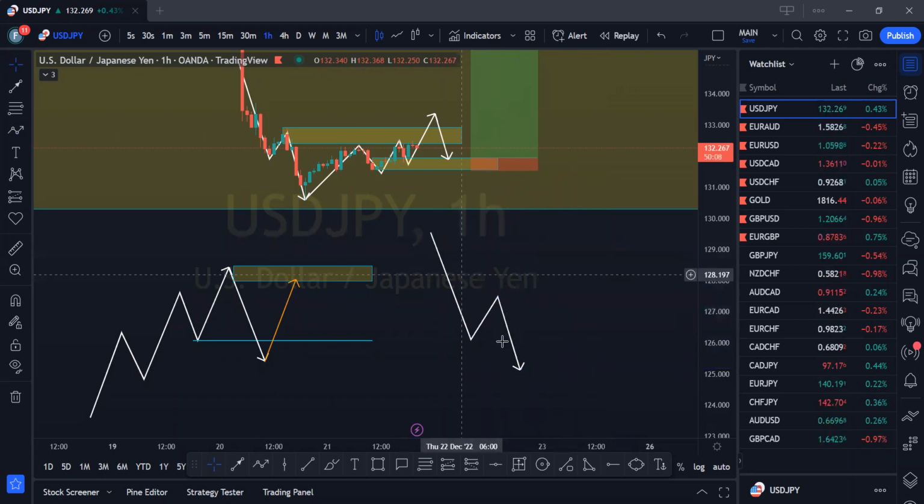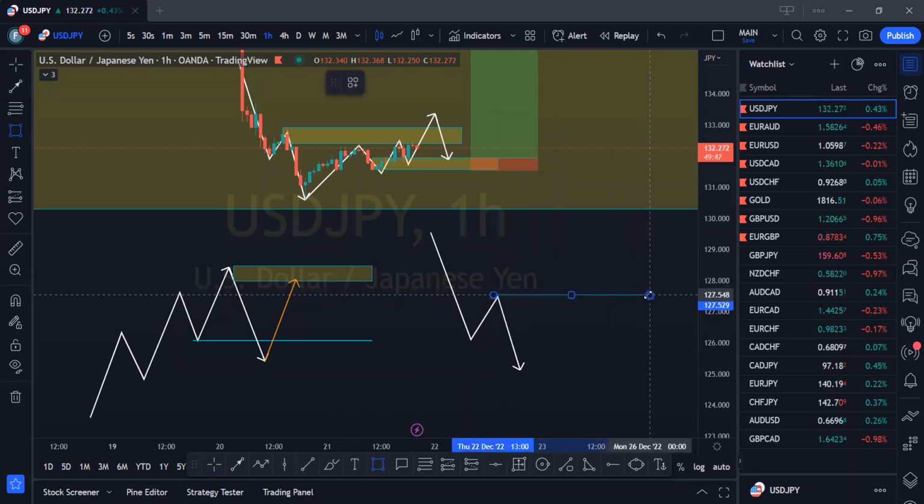If I will buy, it's not ripe yet for me to buy, because price is still in a downtrend on the 1 hour. So if I'll buy, I need to wait for the order flow to shift from bearish to bullish. And what do I wait for? I need to wait for this lower high, which is a structural point in the market, to be violated.